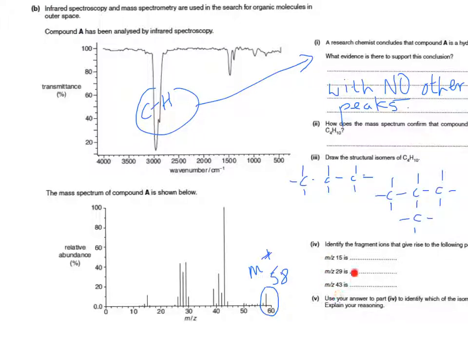The fragments in this part of the question will come from these two molecules, so you have to think which structure is most likely to give a mass fragment of 15, 29 and 43. Both molecules will give methyl fragments from here and here. But only this molecule would give a fragmentation pattern of the correct mass to match what's given in the question.